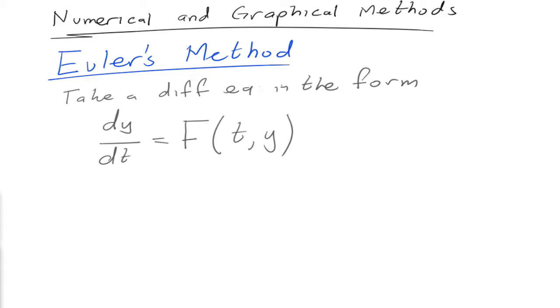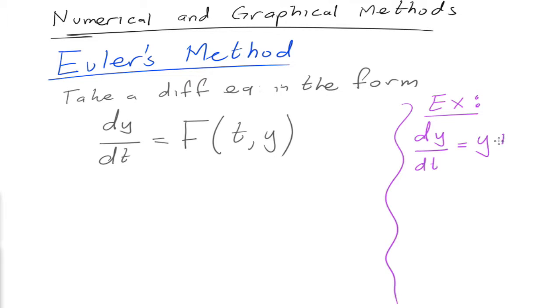For the example that we're going to do, I'll write it down over here so that you can compare. It's actually the one that we just drew, just in terms of t instead. So dy over dt is equal to y plus t. The right-hand side, that's what we call capital F of t and y. So it's a function of t and y.